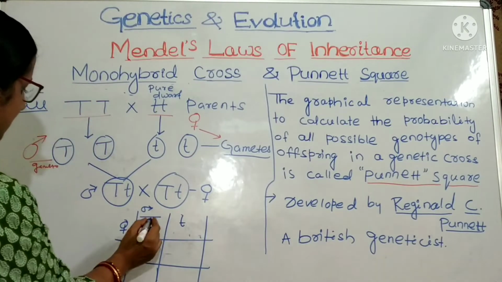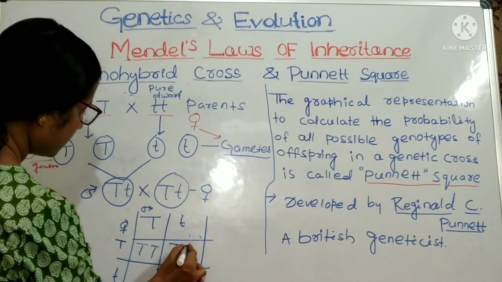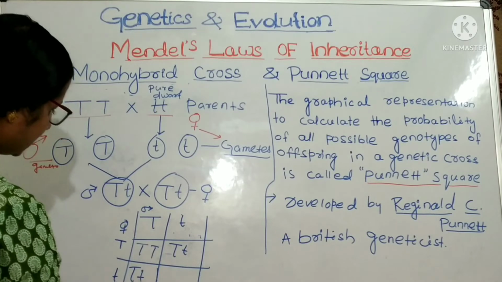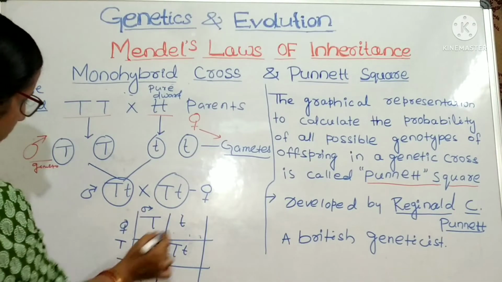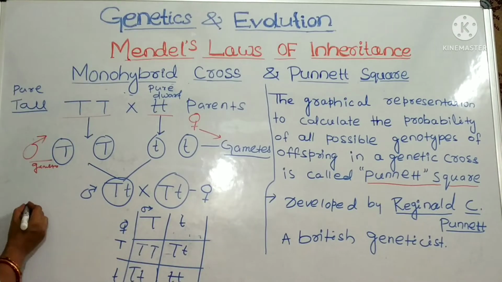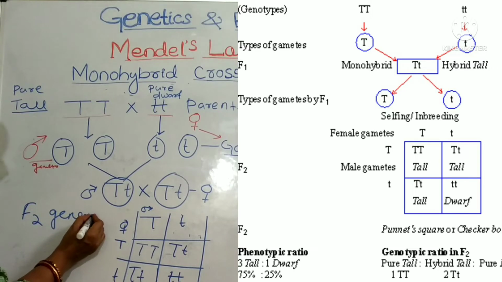Here capital T and here capital T. Here capital T, here small t. Here capital T, here small t. And here small t and small t in the F2 generation.